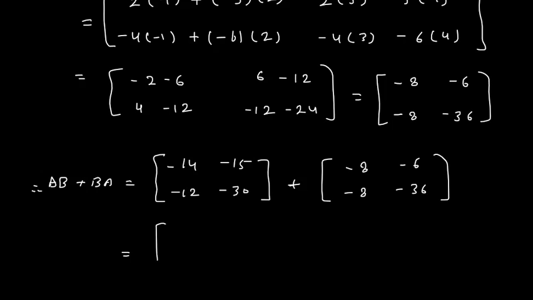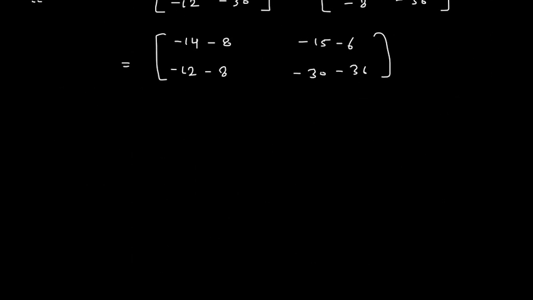So this is equals to, now here it is minus 14, minus 8. Then here it is minus 15, minus 6. In the second line we have minus 12, minus 8, and here we have minus 30, minus 36.